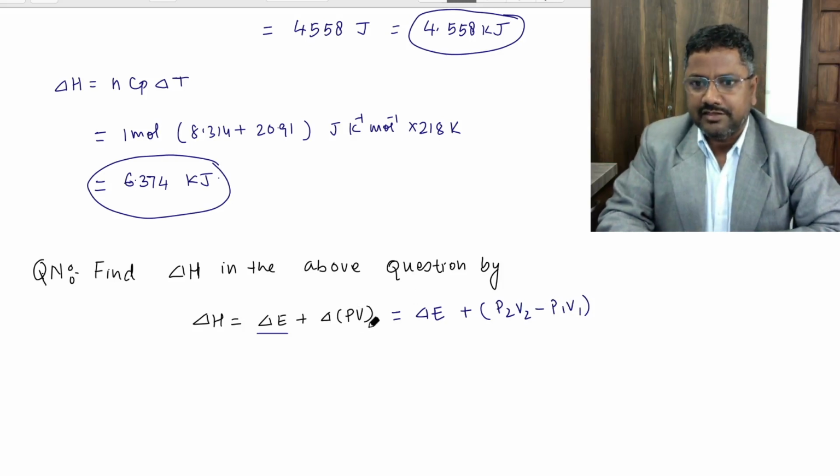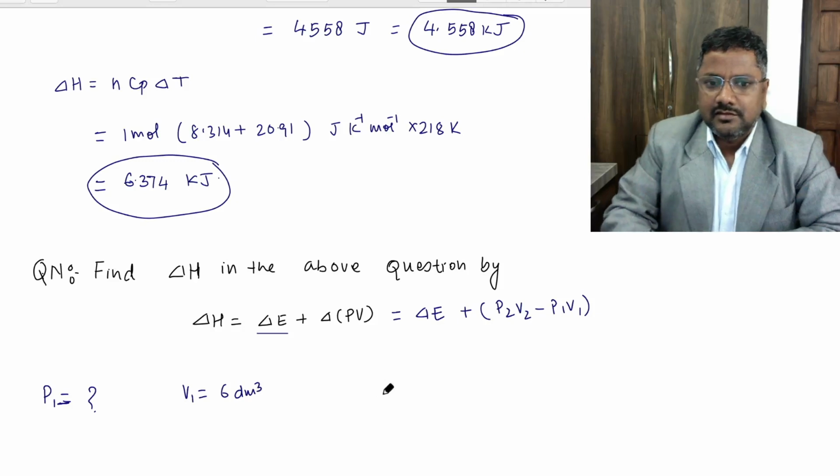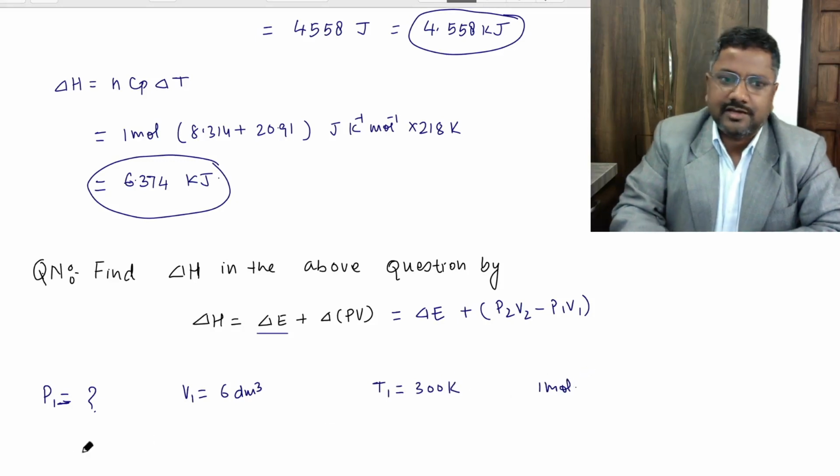This delta PV is equal to, right? P1 you do not have, V1 is equal to 6 dm3, and T1 is equal to 300 Kelvin, and 1 mole. This information you have.